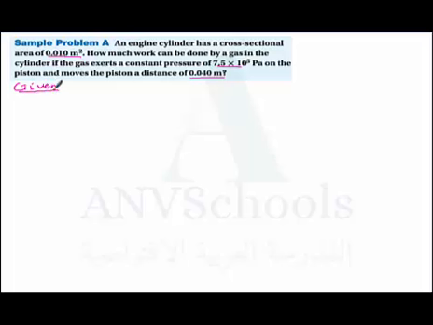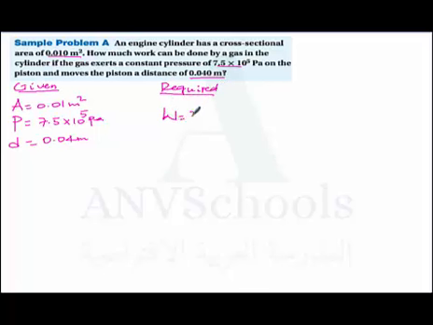The area is 0.01 meter square, the pressure is 7.5 multiplied by 10 to the power of 5 Pascal, and the distance is 0.04 meter. We are asked to find the work done.